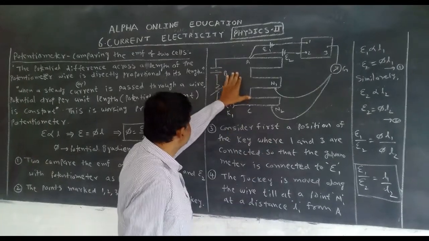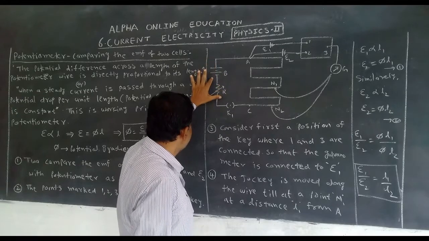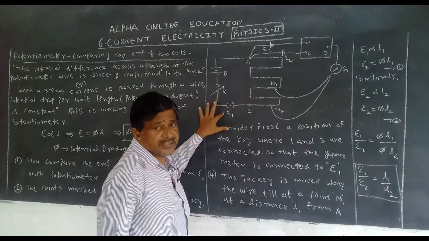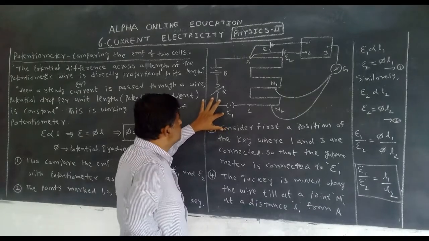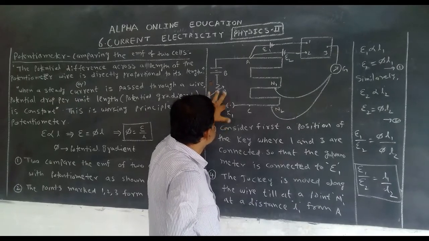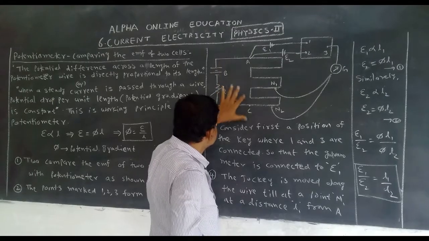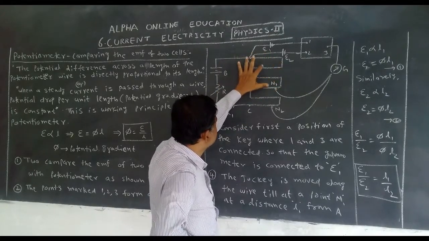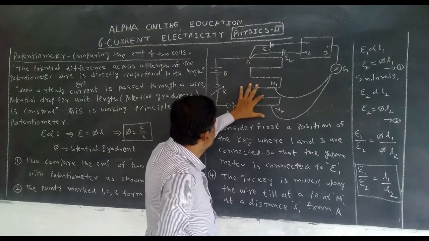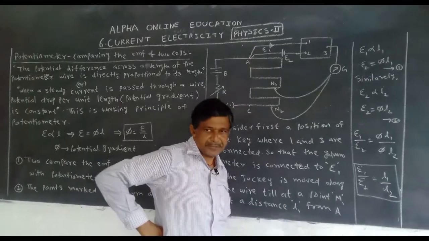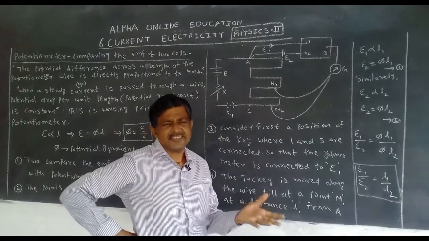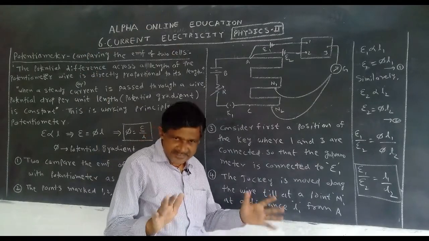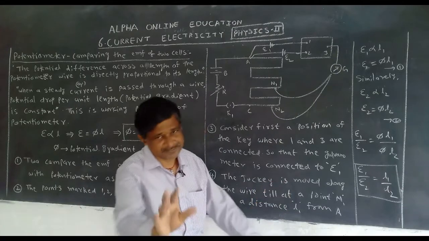Potentiometer is like this. It has one battery, one variable resistor and one key. Between A and C, we take a wire like this. 1, 2, 3, 4, 5, 6 meters I have taken. It is not necessary to take 6 meters, you can take 10 meters also. It depends on our wish.